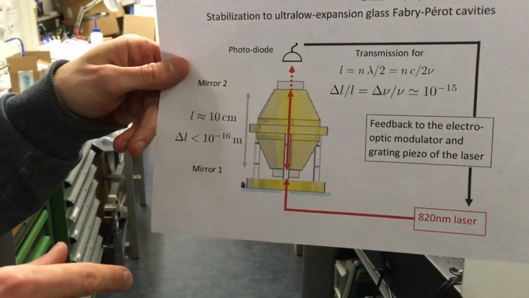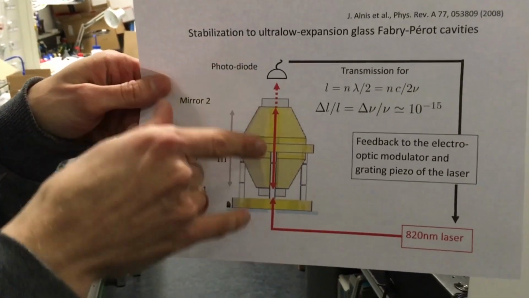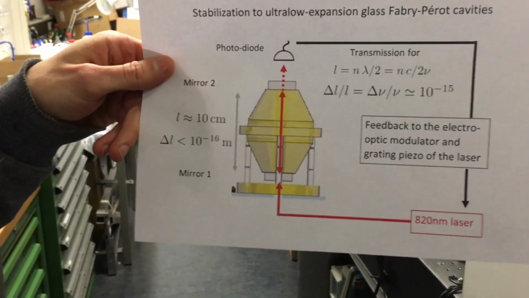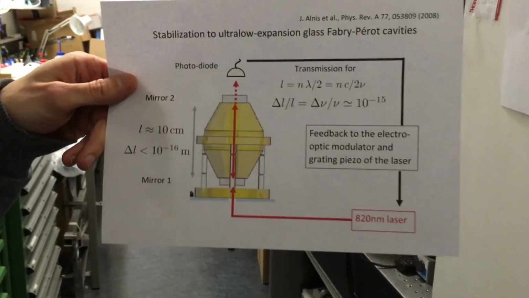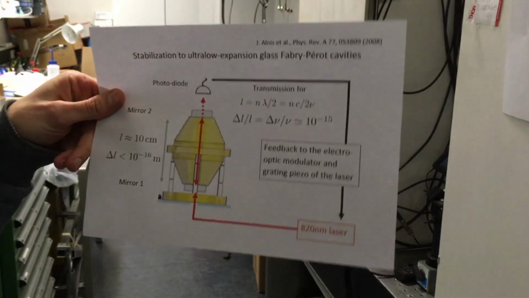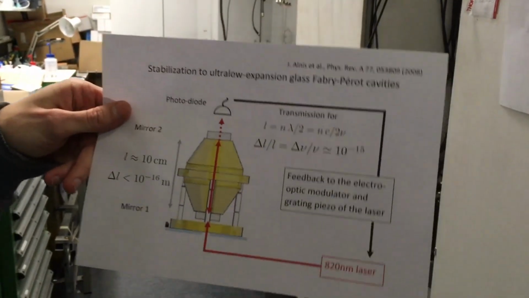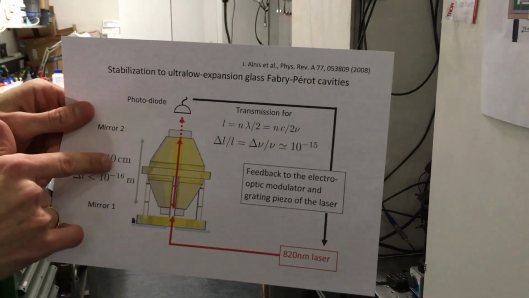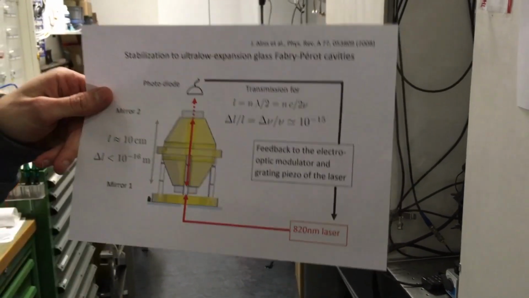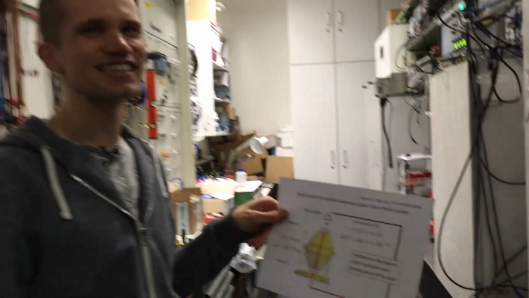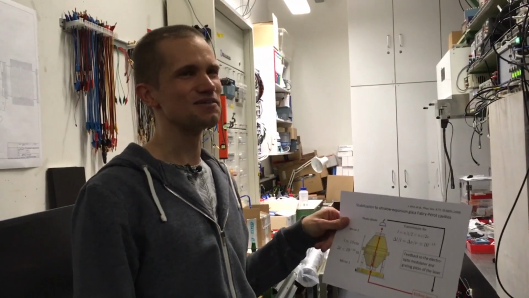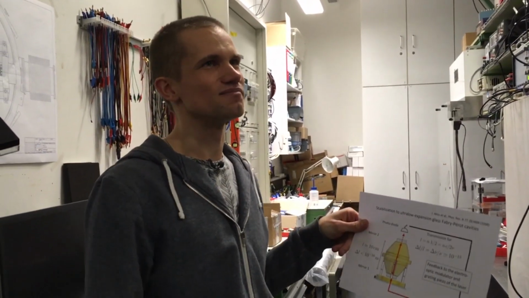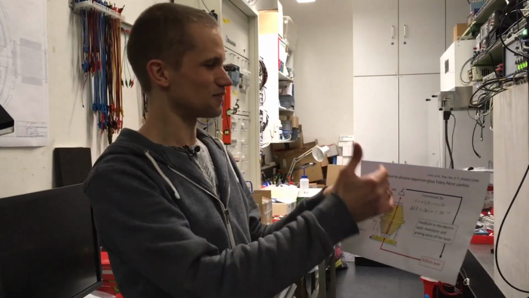And it turns out that one can really keep the distance between these two mirrors to less than 10 to the minus 16 meters, which is less than 1/10 of a proton radius. It always fascinates me that it's technically possible to keep the distance between the two mirrors to less than a fraction of a proton size, which is 100 times or even a million times smaller than the atoms on the mirrors themselves.